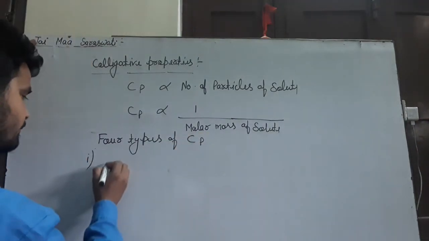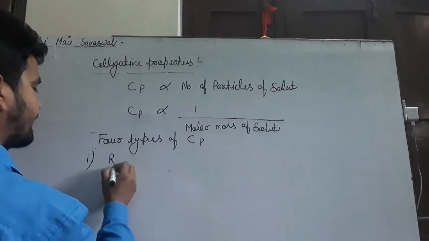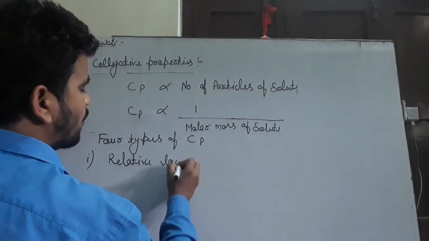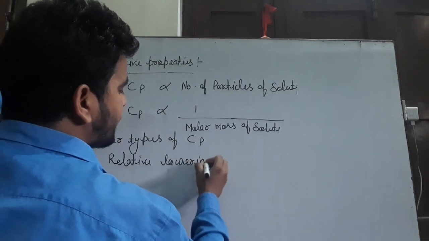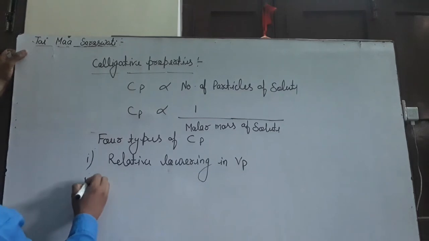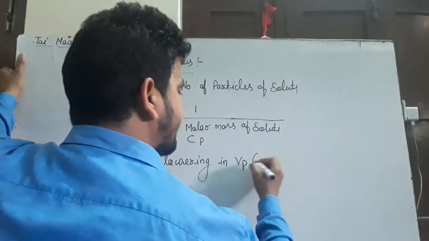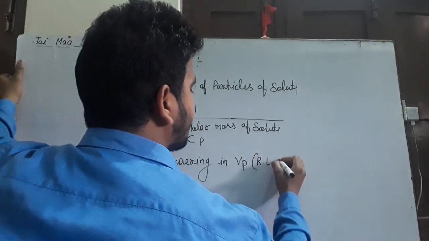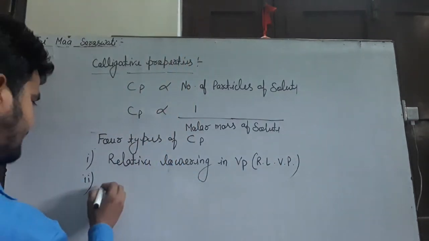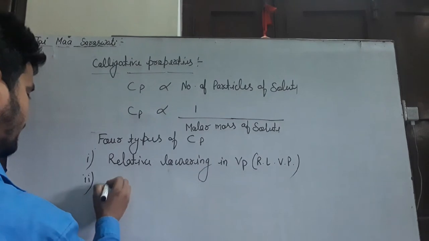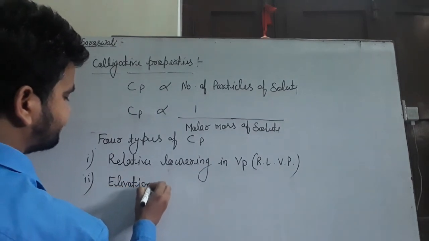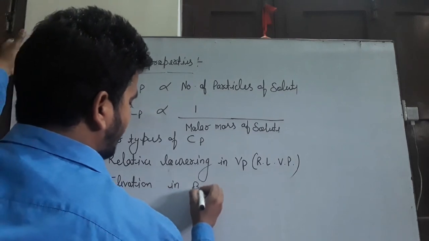Number one, relative lowering in vapor pressure, in short RLVP. Second property, elevation in boiling point.